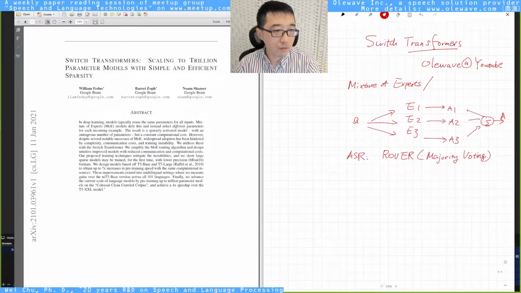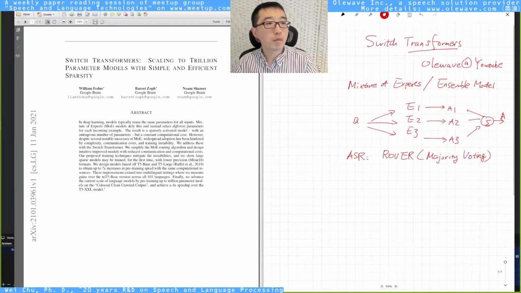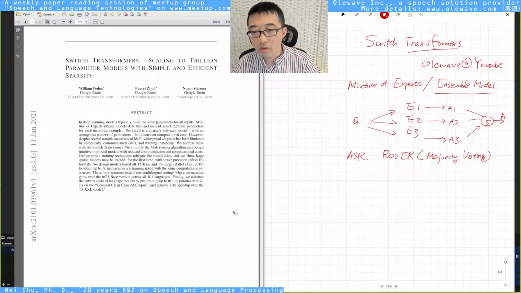I think there's another word which has a similar meaning: ensemble model. Ensemble models have been widely used. So what's their contribution?